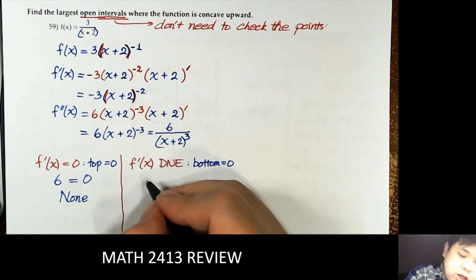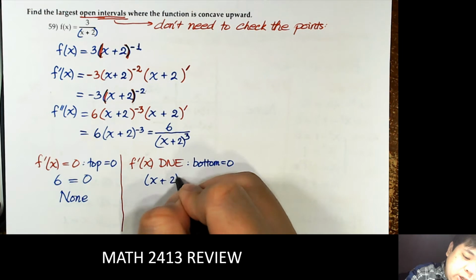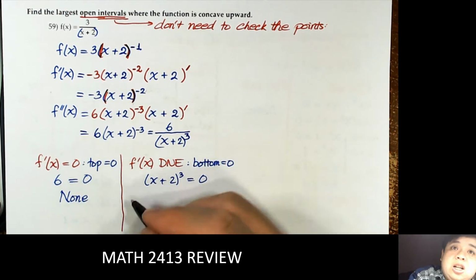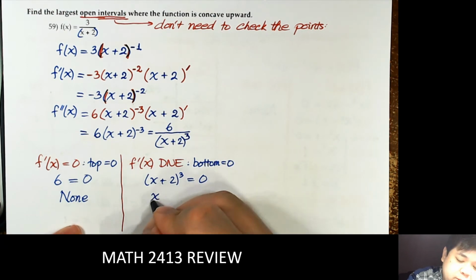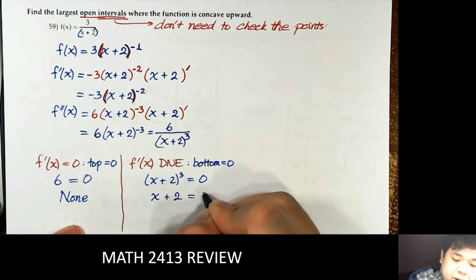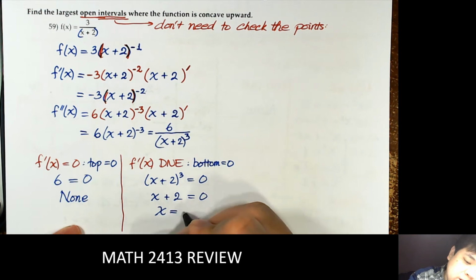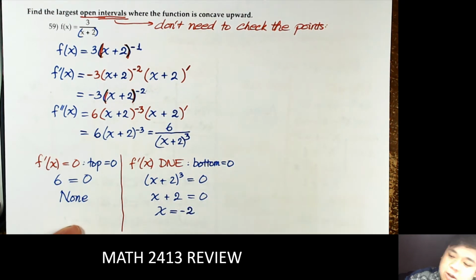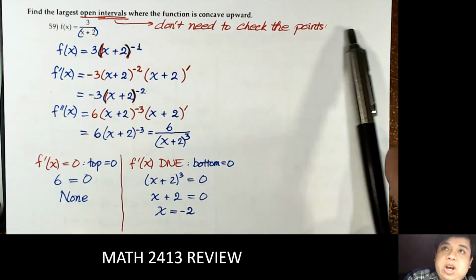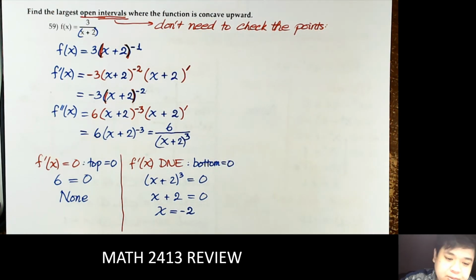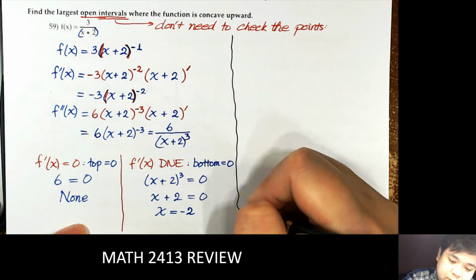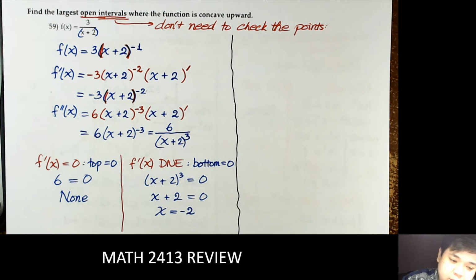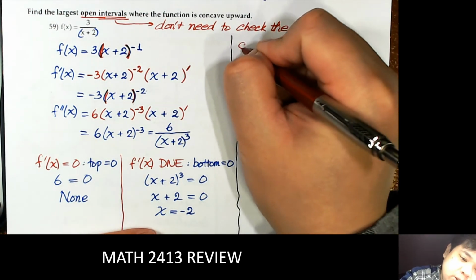The bottom equal to 0: x plus 2 cubed equal to 0. Take the cube root on both sides. A power is equal to 0 if the base is 0. Minus 2 on both sides, so x equals negative 2. Again, we don't need to check for the points. And then we do the sign chart.